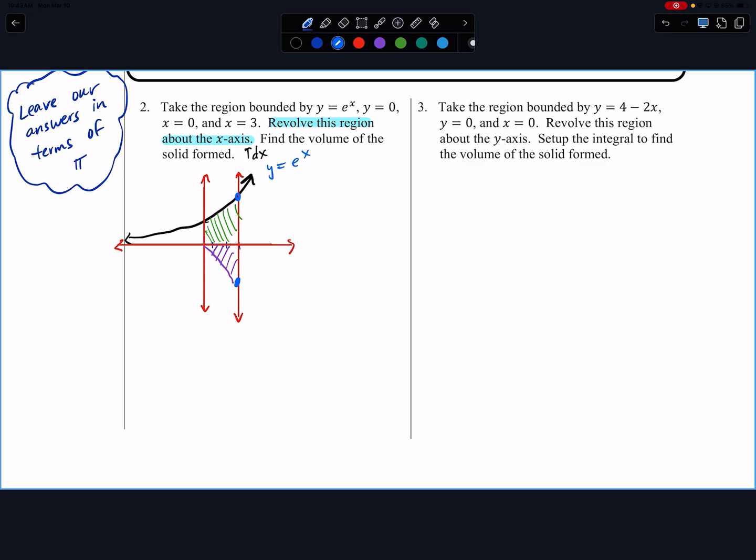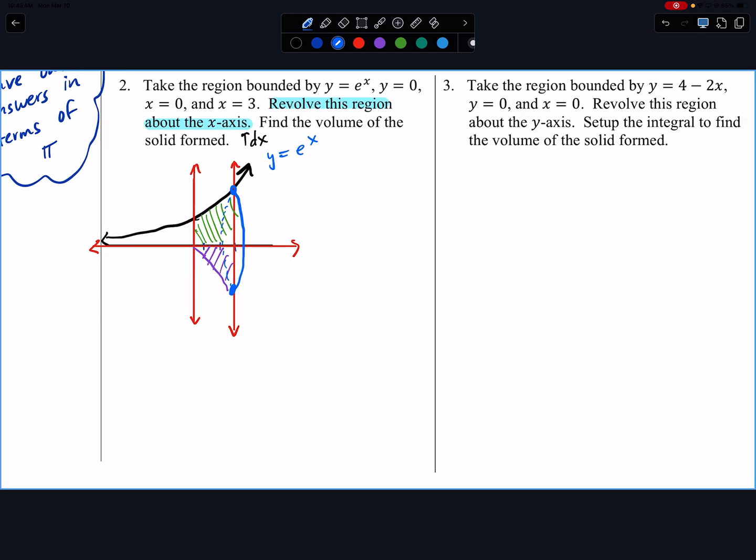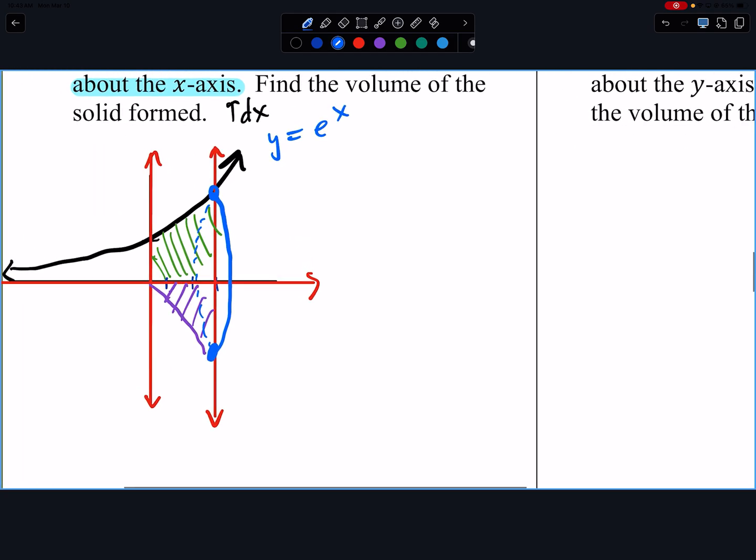So it's going to look something like that. I drew little dotted dashed lines to make it look 3D-ish.